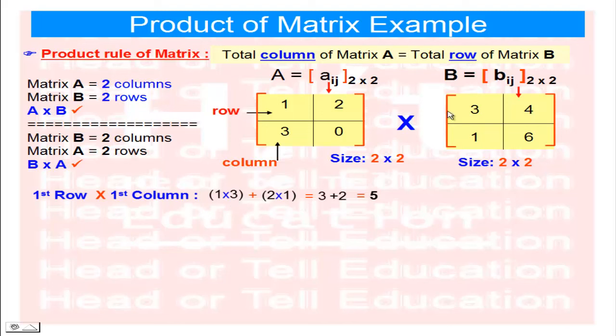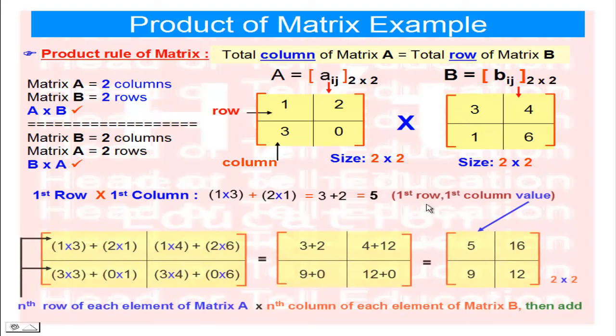So this is the first column value after multiplying. Here in the result, the first row first column value will be 5.